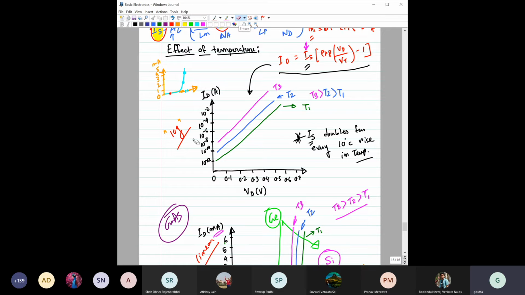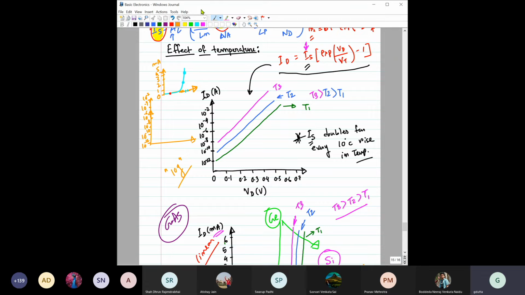But instead, suppose I plot these characteristics like this, where this value is 10 to the power minus 12, this is 10 to the power minus 10, this is 10 to the power minus 8, this is 10 to the power minus 6, this is 10 to the power minus 4, and this is 10 to the power minus 2.